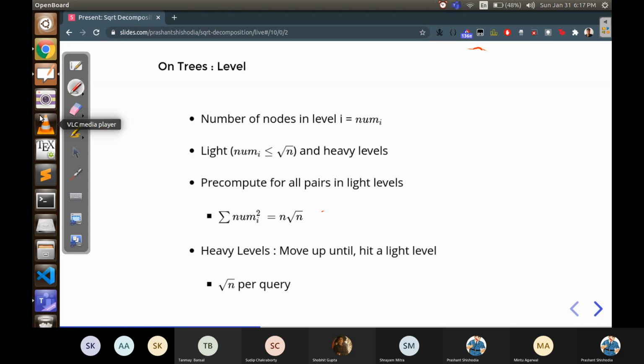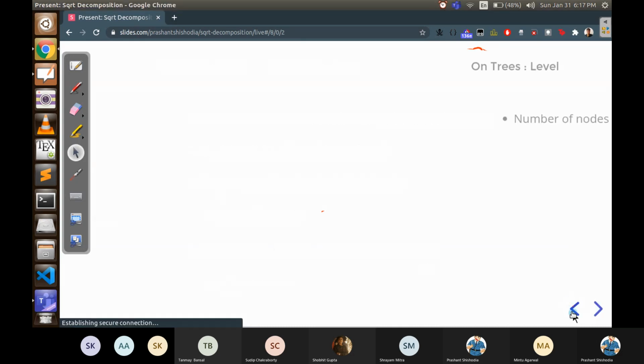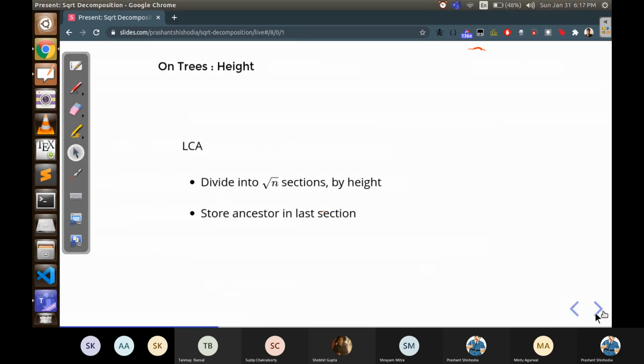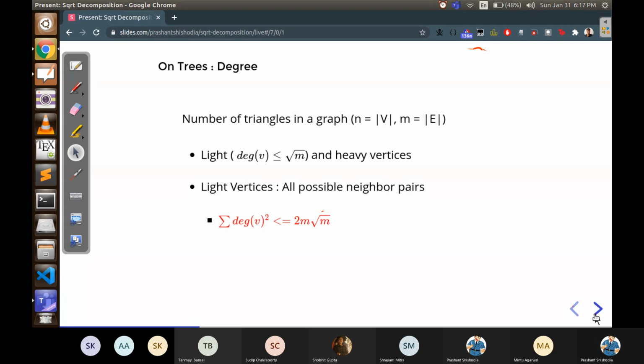So I discussed three of them, but it's on the intuition. Like in the earlier problem where I discussed the number of triangles, the intuition was that you can compute it for light degree nodes.